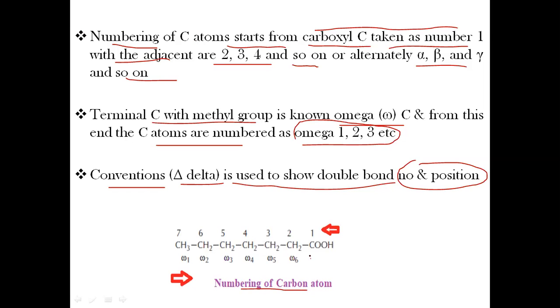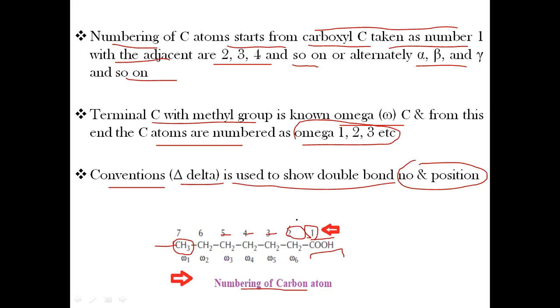So this is the carboxylic side, and this is the terminal side containing the methyl group. Normally the carbon numbering starts from the carboxylic side. So this carbon is carbon number 1, this is carbon number 2, this is carbon 3, this is carbon 4, this is 5, 6, and so on.